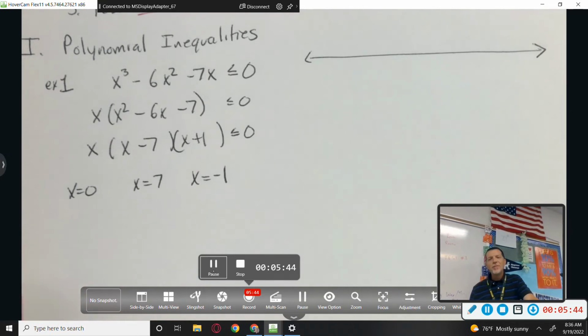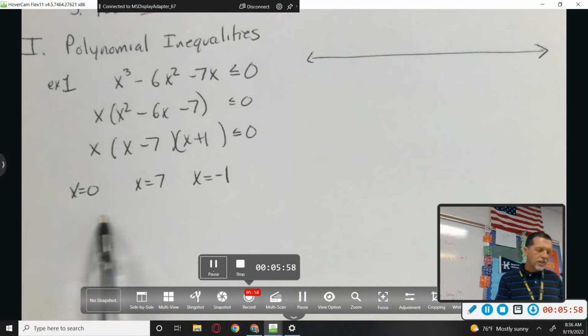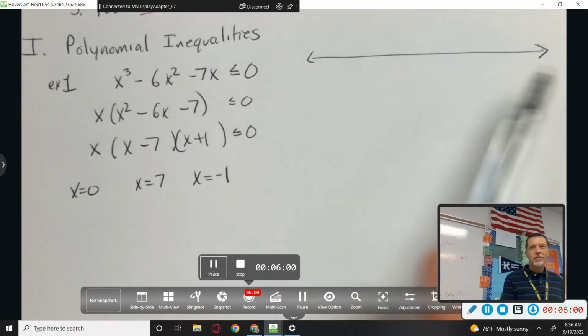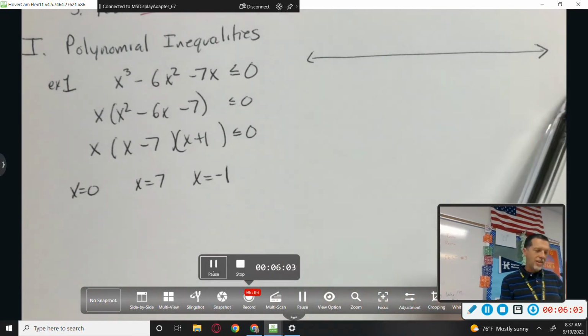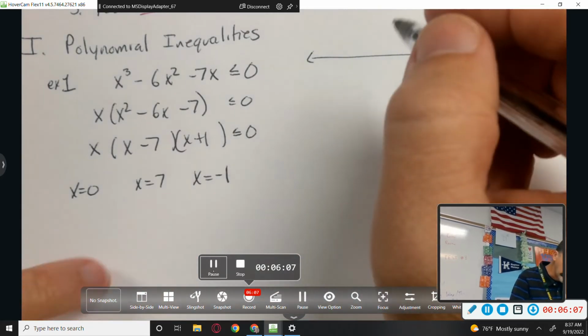And one of my favorite things for people to mess up, one of the dumbest things for people to mess up, is to not put them on in order. The point of a number line is it gets bigger, left to right. So please put your solutions on there in the right order, least to greatest, left to right. Because if you put them on there out of order, it's going to be really messed up.